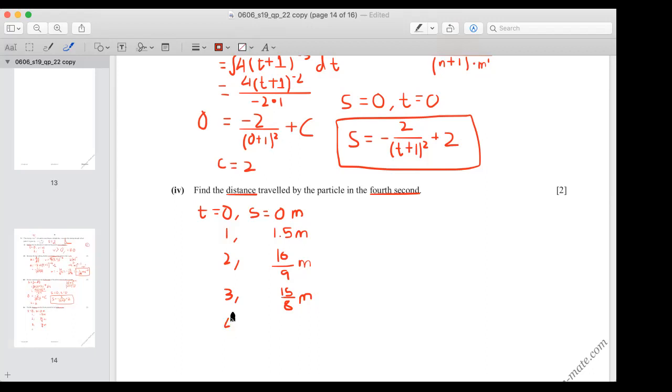So right now it's going up. It's still going up. Now when t equals 4 seconds, 4 plus 1, 5, 5 squared, 25, negative 2 over 25 plus 2, it would be 2 minus 2 over 25. It will be 1.92 meters.